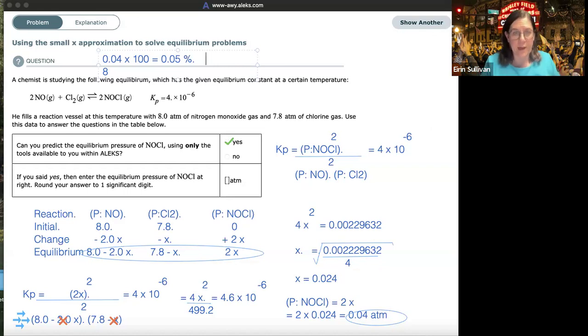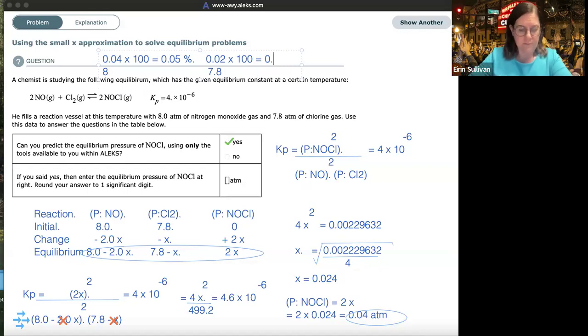So the 7.8, so x was 0.02 divided by 7.8, and I'm sure you can anticipate already that is going to be definitely less than 5% of the number that it was being subtracted from. So what does it shake out to be if we're dealing with absolute numbers? 0.02 divided by 7.8 times 100, that's like 0.25%.